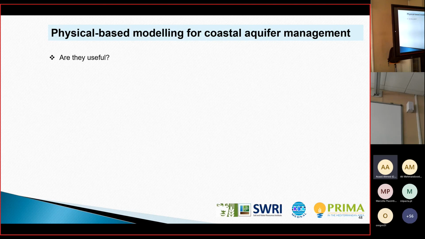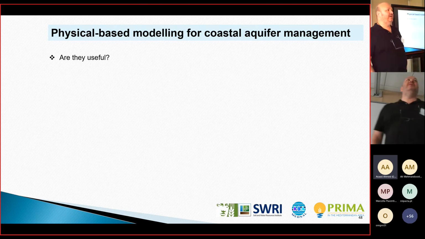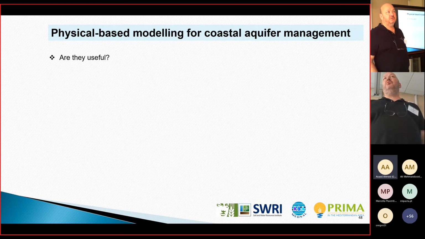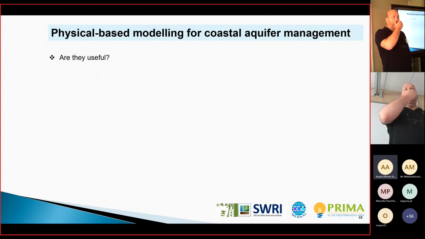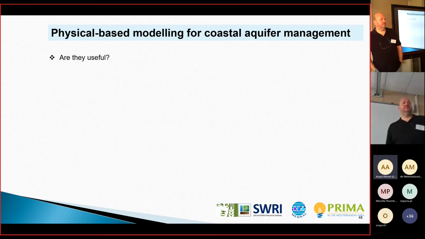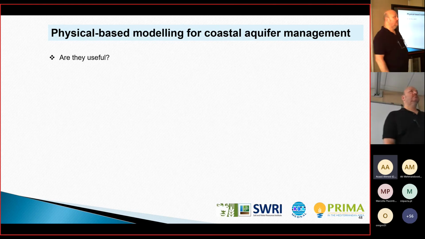So these are some problems, but in general, are they useful? Do we need them for coastal aquifer management, or can we do something else? That's a question. And which is this something else? Do we need this kind of model, or we don't? What do you think? We need them if we are able to model our case study.